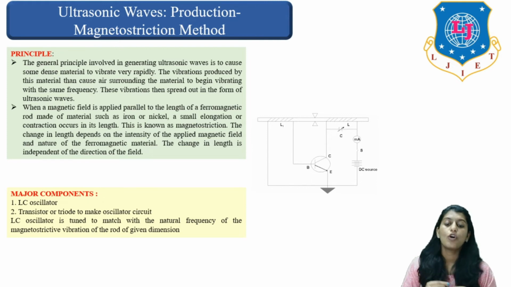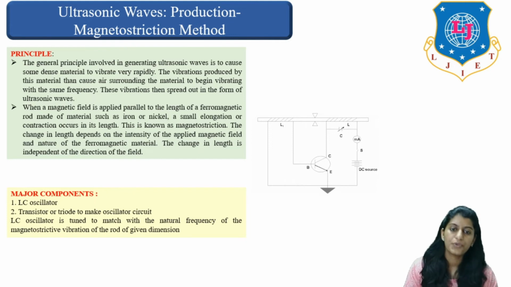So the major component which we are going to use for production of ultrasonic wave using magnetostriction method is the LC oscillator, and a transistor or triode to make the oscillator circuit complete.